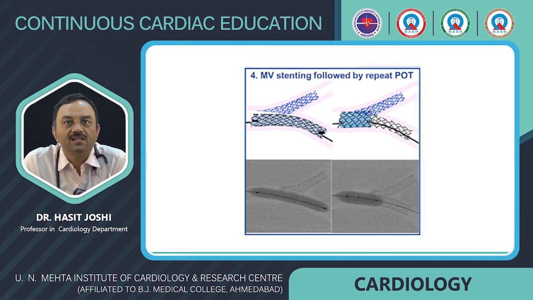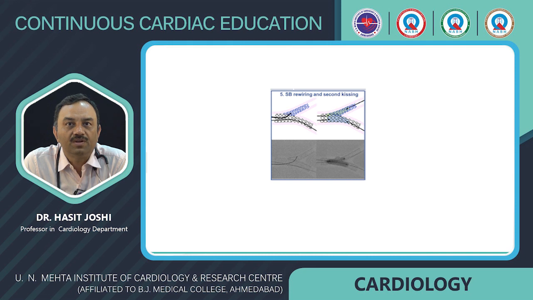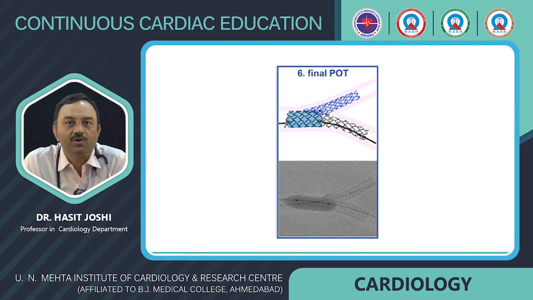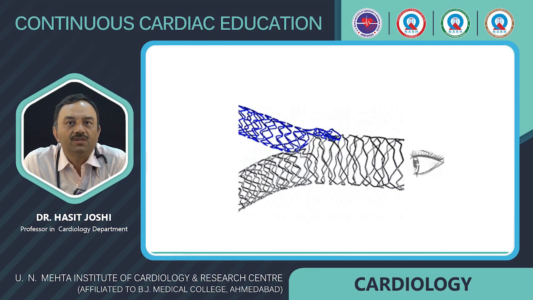Then main vessel stenting is to be done 1:1 with the distal main vessel, followed by POT in the main vessel, sized 1:1 with the main vessel size. Then again you have to rewire the side branch and do final kissing, and then final POT. So this is how a crush looks, with some stent strut crowding in one of the portions and a neocarina formation. Thank you.